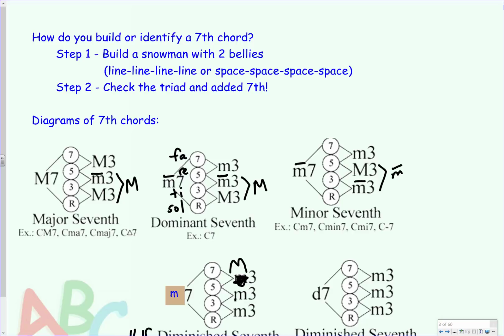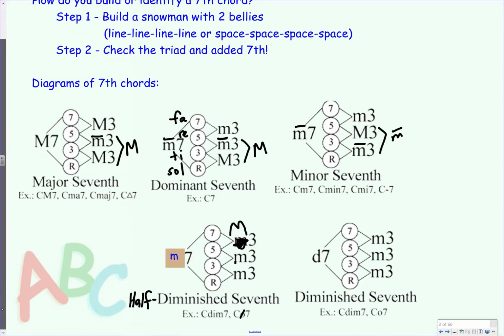And in our minor 7th chord, we have both a minor triad and a minor 7th. So now we'll scroll down and we'll talk about the other 2 types of 7th chords we need to study.